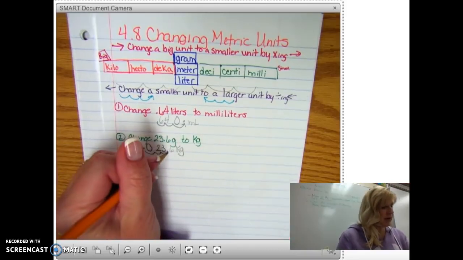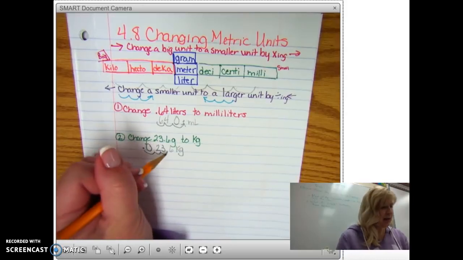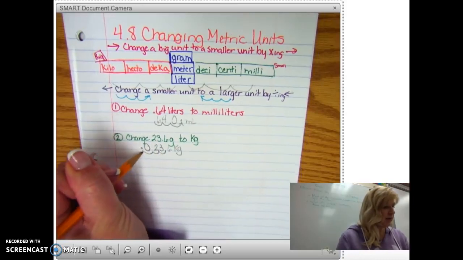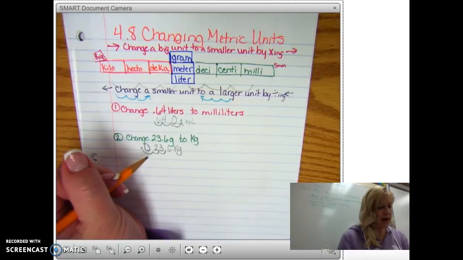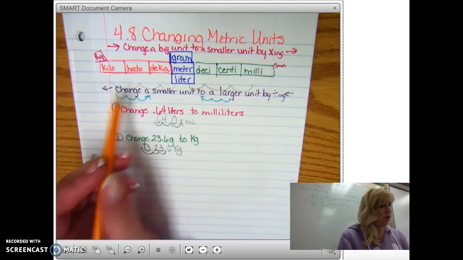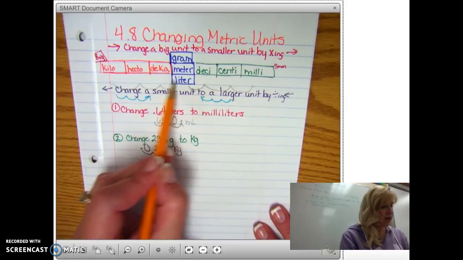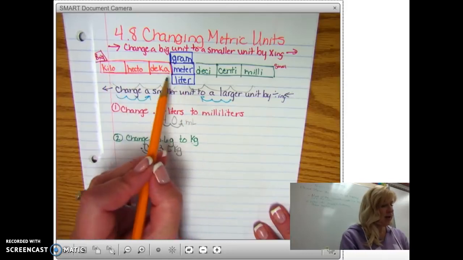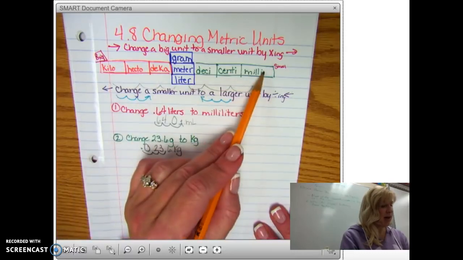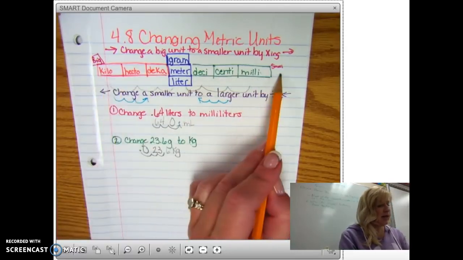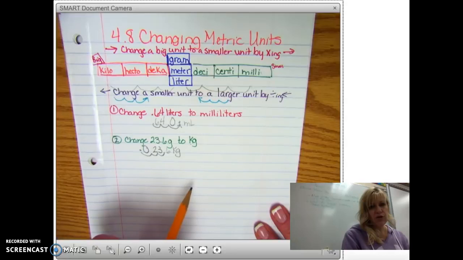It's important when we show work on this assignment that you note the number of swooshes. You will be very lost if you don't realize, am I changing a bigger unit into a smaller unit, or a smaller unit into a bigger unit? These directions make a huge deal.